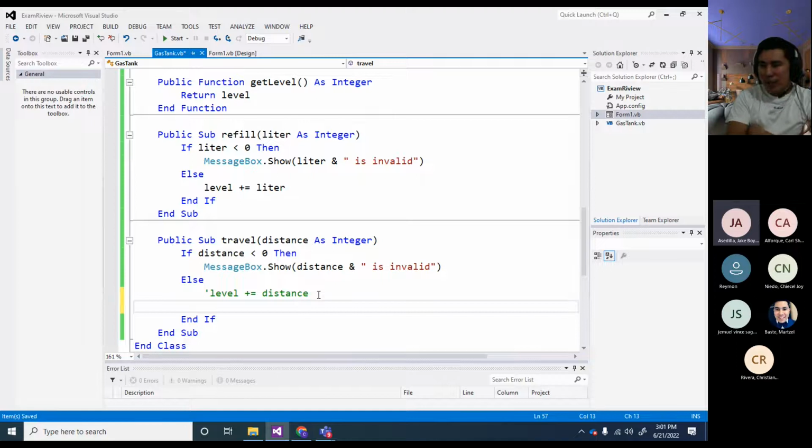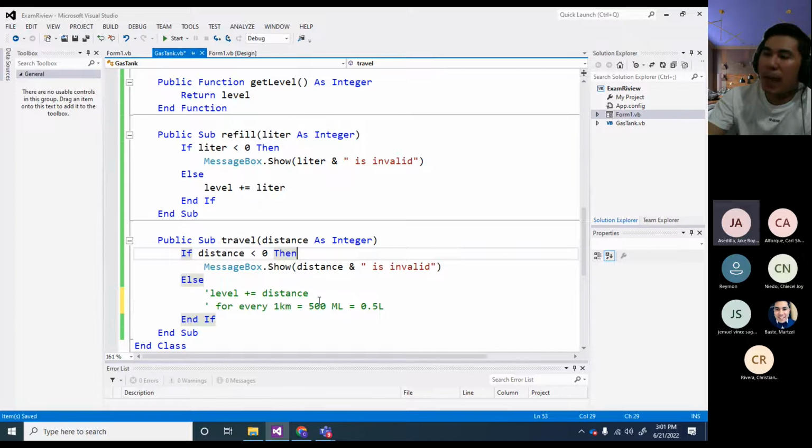What do you think? Who likes to travel? So for every 1 kilometer, how many liters is it equivalent to? Let's say 100 or 500 ml. That's big, right? Or the equivalent of 0.55 liter. Is that right? Let's use that to make the calculation easier.